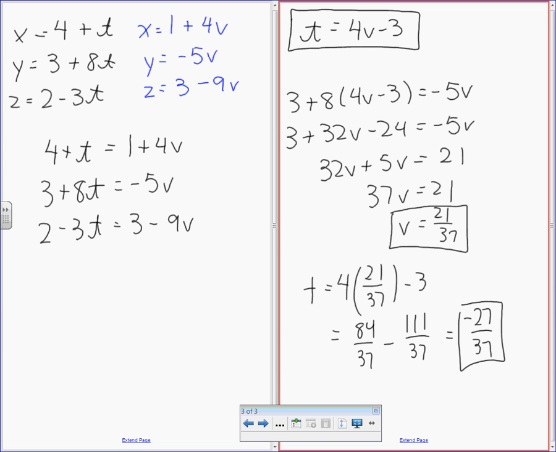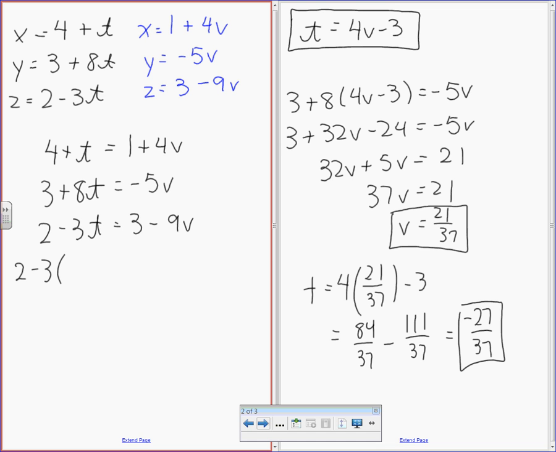Take a chance here. Can somebody sub into the second equation for me with a calculator? Oh, goodness gracious. Fine, I'll do it then. Okay. 2 minus 3. What was our T? Negative 27.